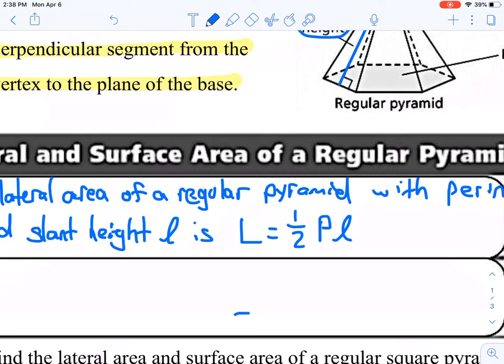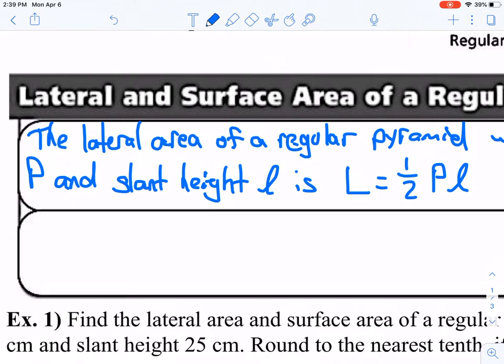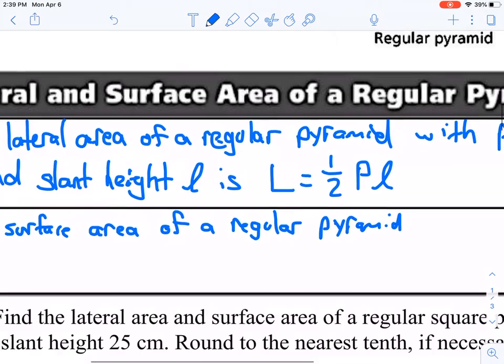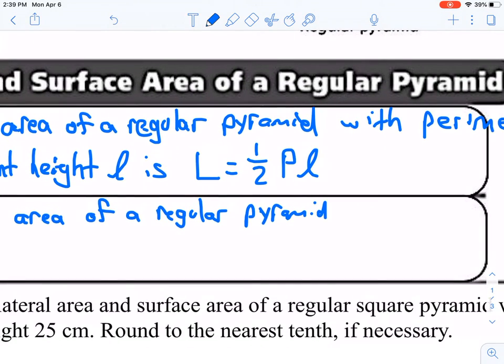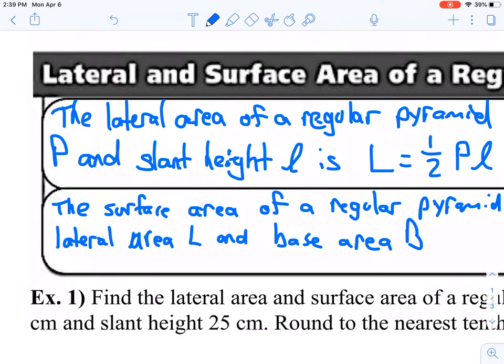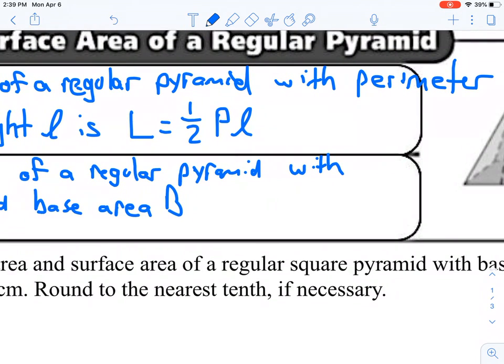Okay, then moving on, the surface area of a regular pyramid with lateral area and base area is going to be: the surface area is equal to the lateral area plus the area of the base.